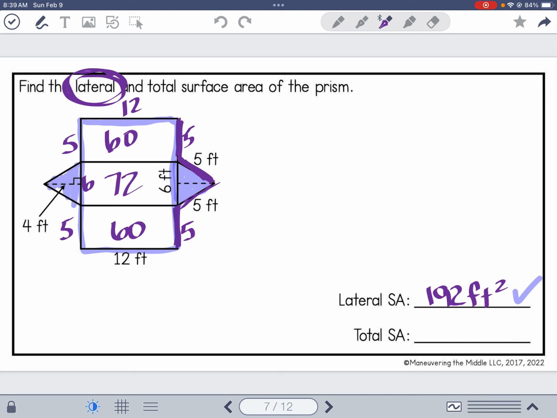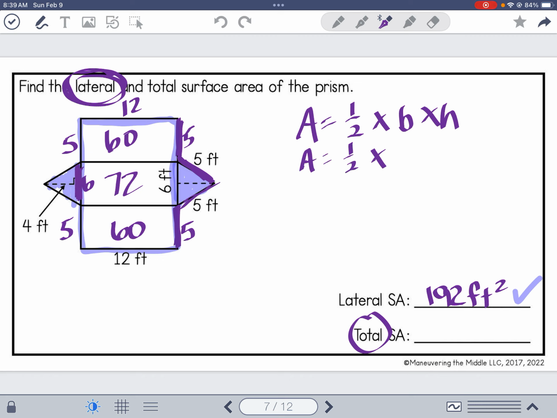Now I have my triangle. Area equals 1/2 times base times height, because now I'm looking for the total. And remember, the total is going to add on your bases. So I have 1/2 times the base is 6. The height is 4.